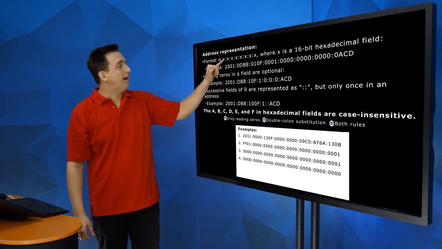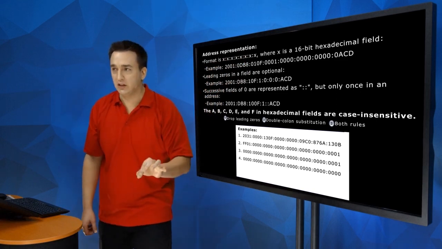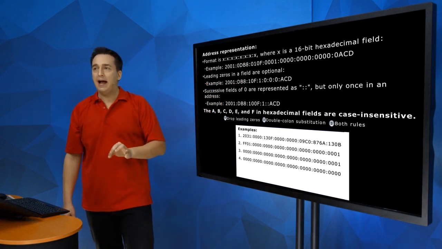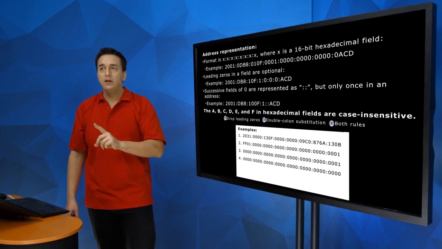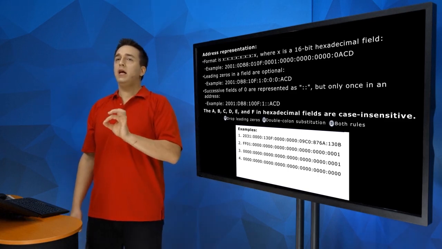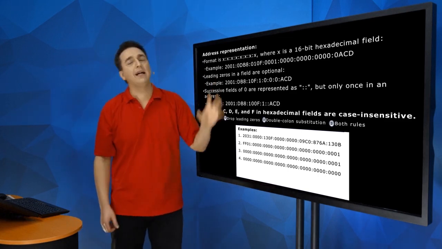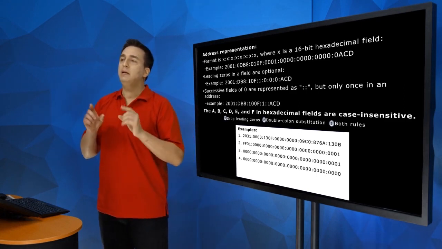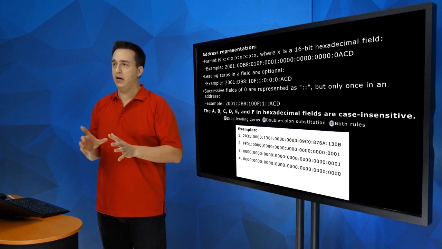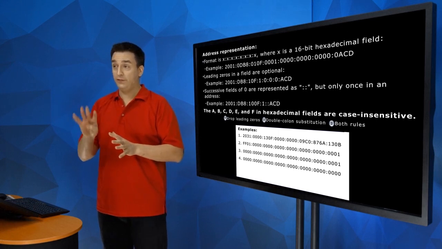Now, inside of each of these fields, we have 16 bits. And how many bits make up a single hexadecimal character? So we're dealing in hexadecimal here. It's 4.